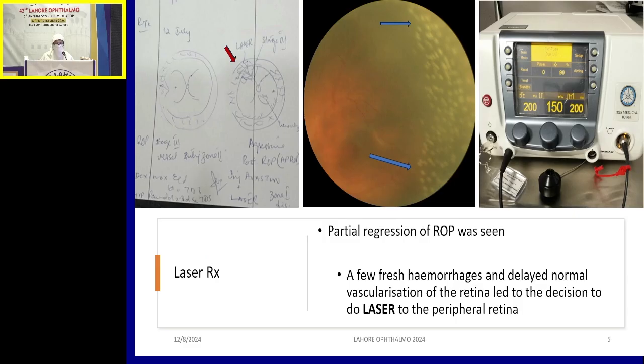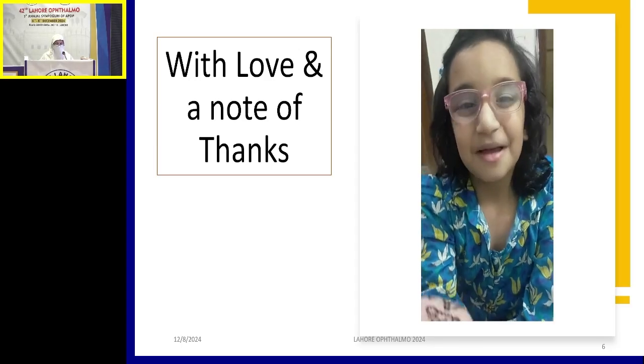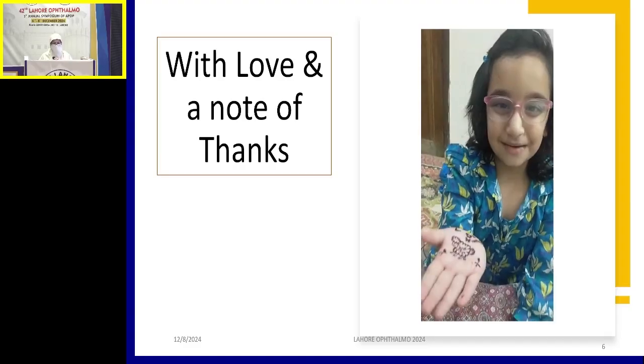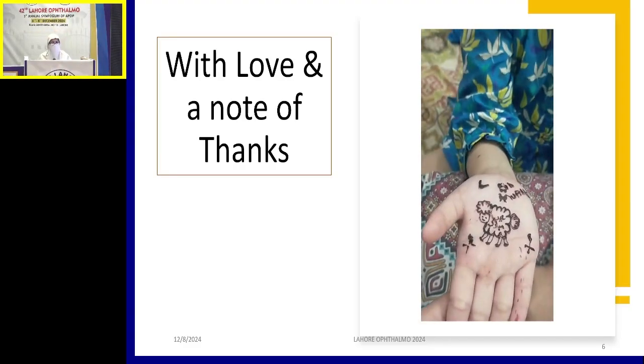And after all the struggles and all the things we did, this is a note which I received from the baby. Now she is 4 years old and school going. She sent me the note of thanks and Eid Mubarak this last Eid.